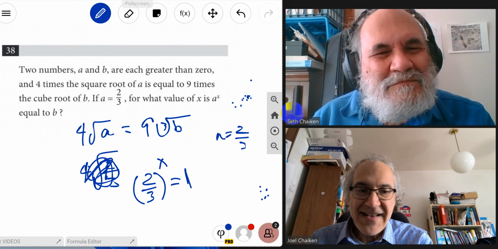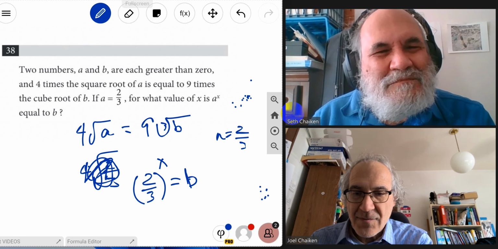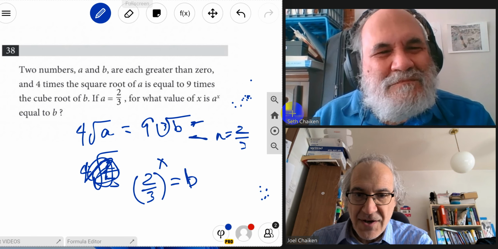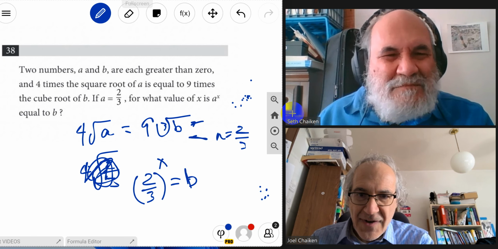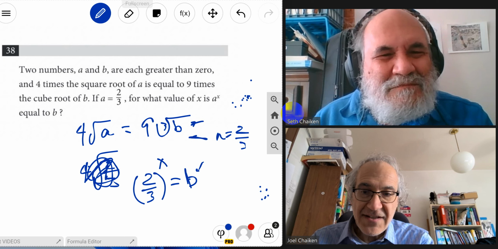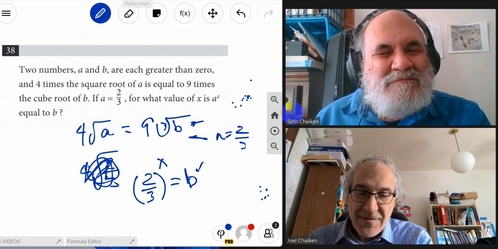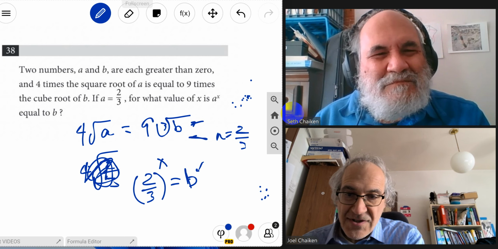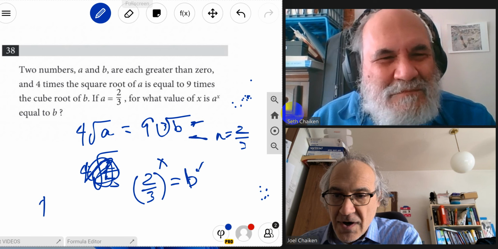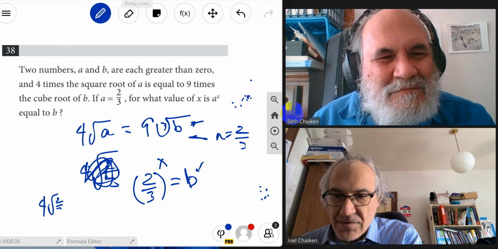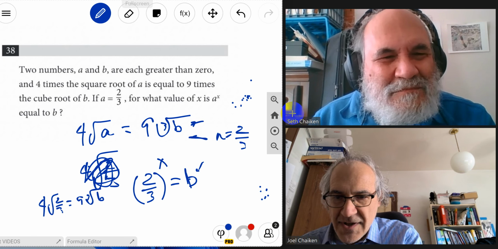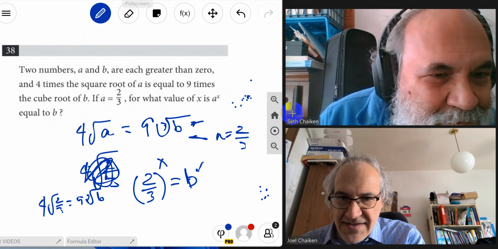I'm planning this out, and once we know B, then we can solve for X. There may be a brilliant way to do it, but I'm not going to do it that way, at least at first. So 4 times the square root of 2/3 is equal to 9 times the cube root of B.